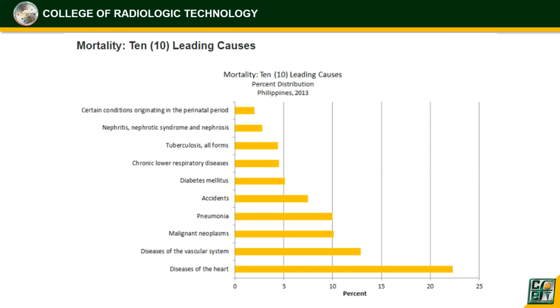Then number 9 is nephritis or nephrotic syndrome and nephrosis. And lastly, certain conditions originating in the perinatal period. So these are the top 10 leading causes of mortality.